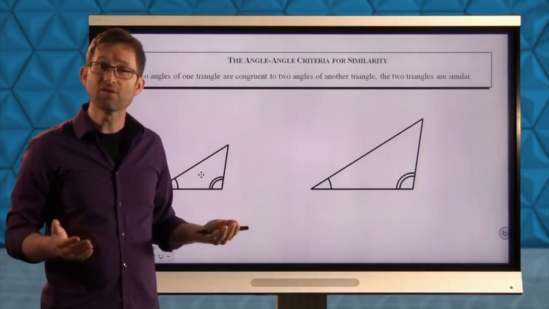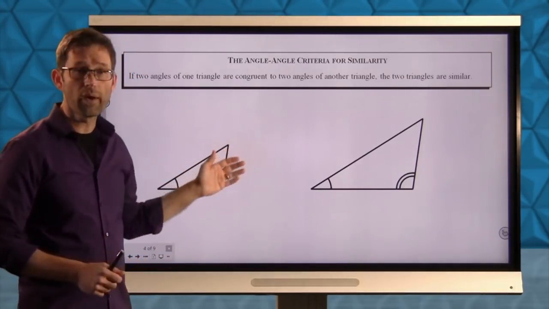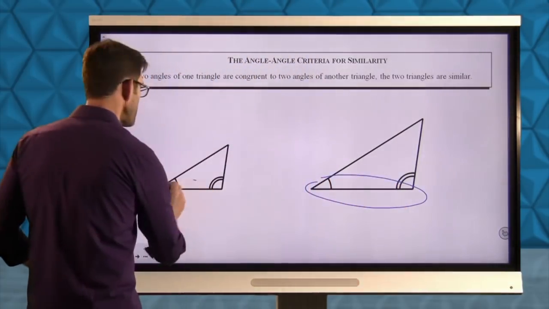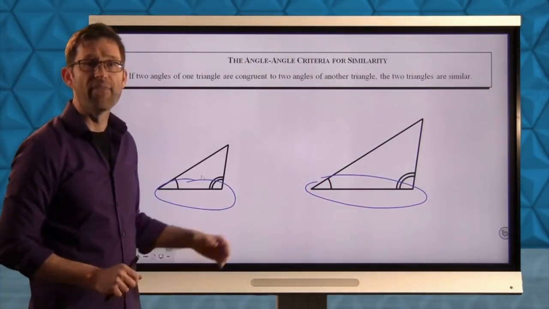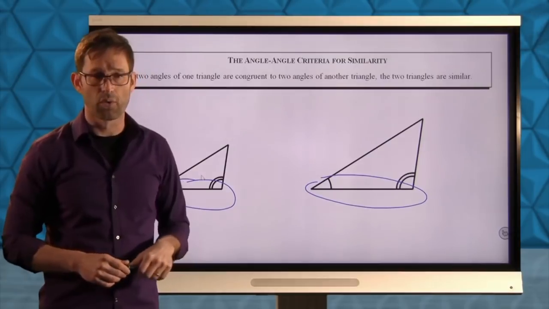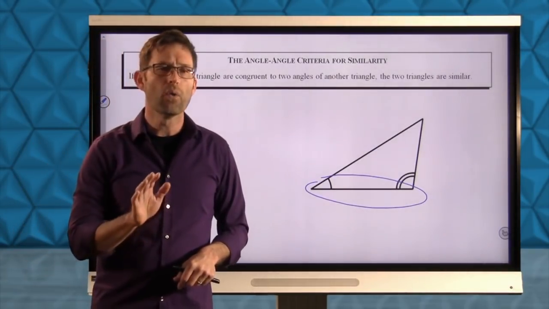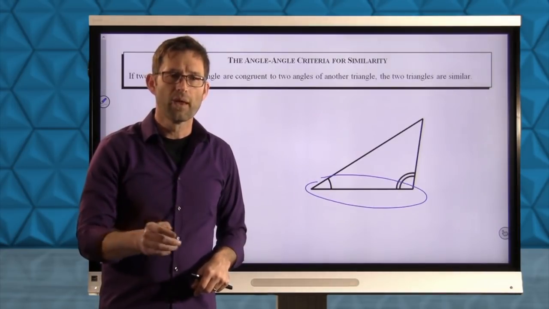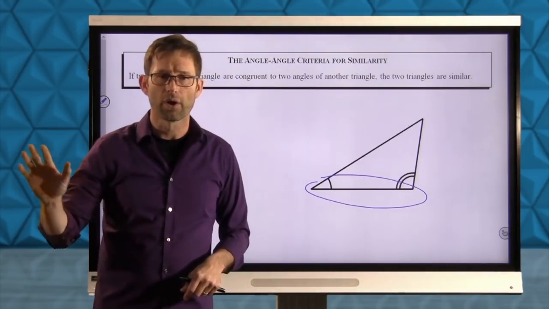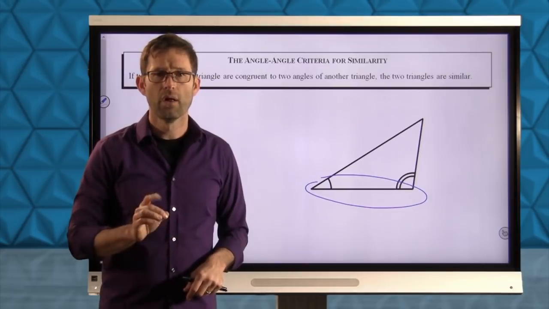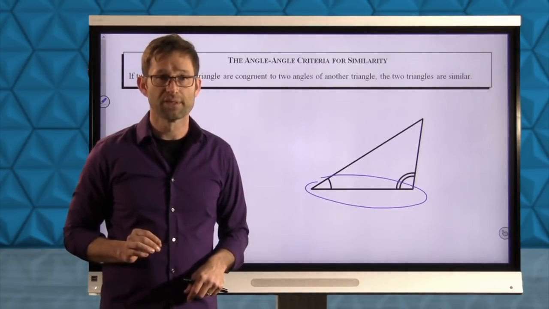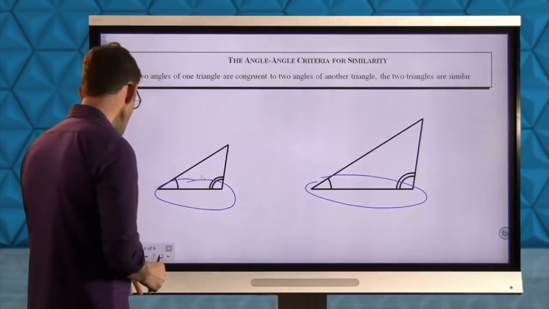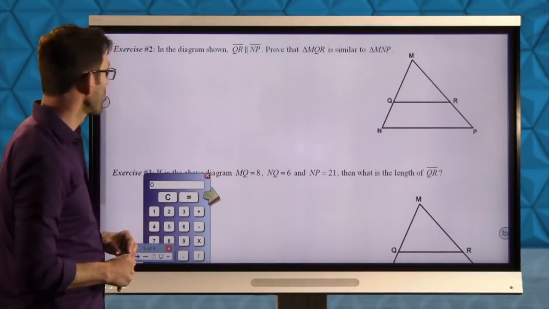And again, the reason is really cool, because we could take either one of these triangles and dilate them by the ratio of this side length to this side length, and that will cause the two triangles then to be congruent. But even if you don't know all of that or quite understand all of that, the thing that's very important is that if two angles of one triangle are congruent to two angles of another triangle, those triangles must be similar. Only for triangles, not for anything else. All right? Undoubtedly the most important of the criteria.